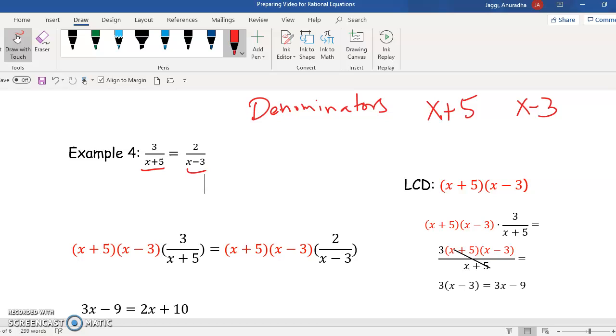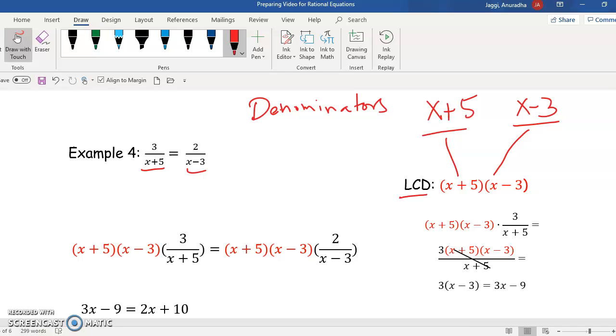You have to write the denominators as a product of prime and linear factors. As you see, they are already linear binomials. Both of them are linear binomials. There is no GCF that you can take out from x plus 5 or x minus 3. So you just copy them down, and the least common denominator is the product of these two factors.